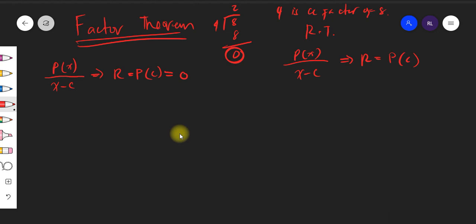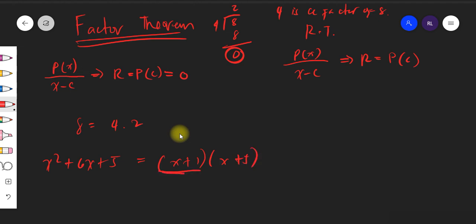When a polynomial is expressed as factors, you're simply rewriting it as the product of its factors. If we say 8, you can write that as 4 times 2. If you have a polynomial x squared plus 6x plus 5, we can express this as x plus 1 times x plus 5.